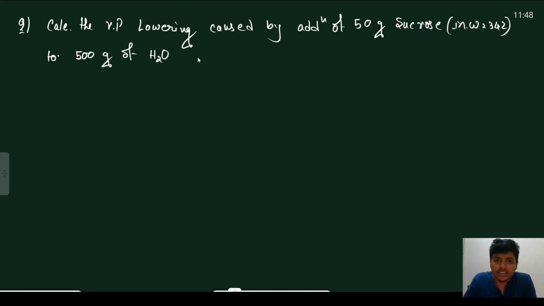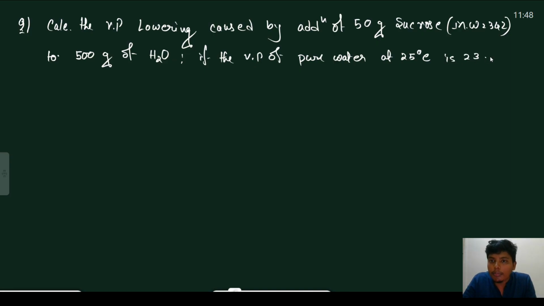If the vapor pressure of pure water at 25 degrees Celsius is 23.8 millimeter Hg, and i value is equal to 1, calculate.